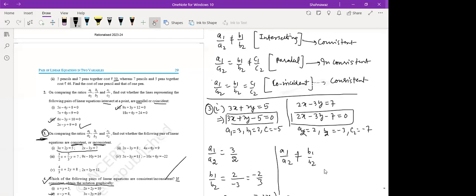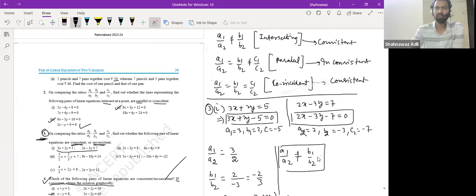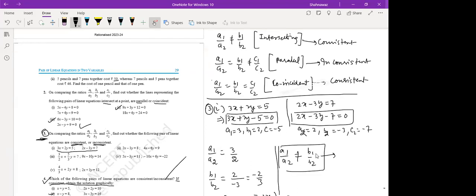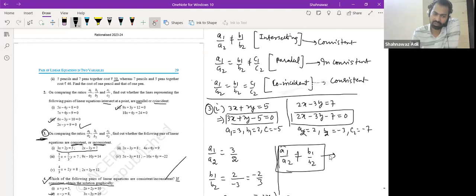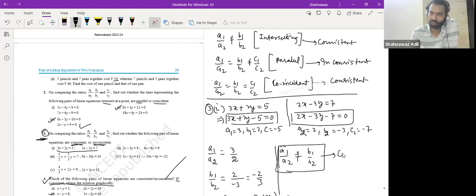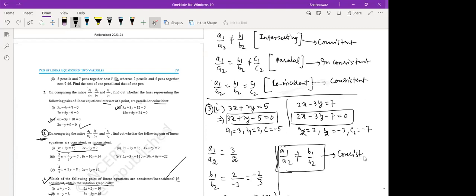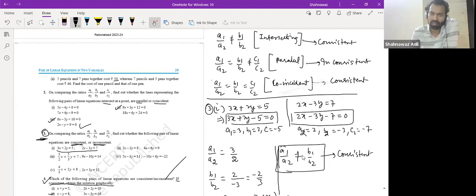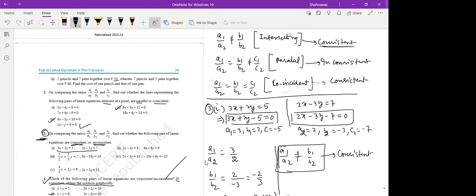So is this a consistent one or inconsistent one? What kind of solution is this? Consistent. It has only one solution. It's intersecting, that's why it's consistent.